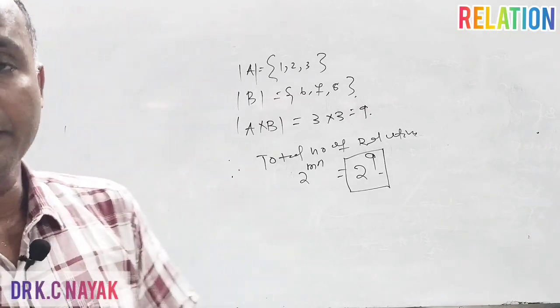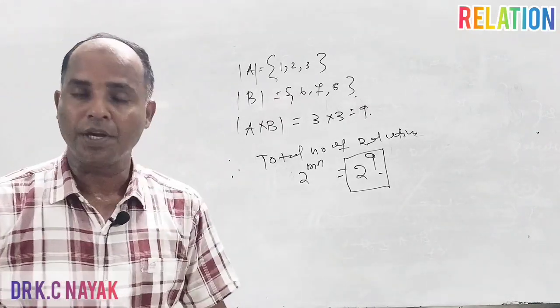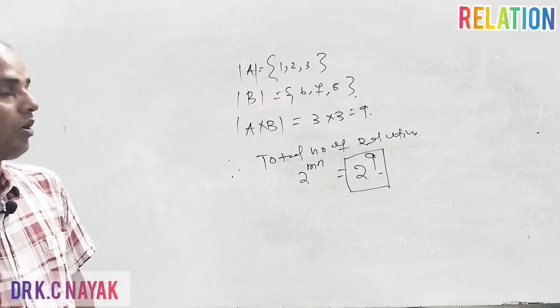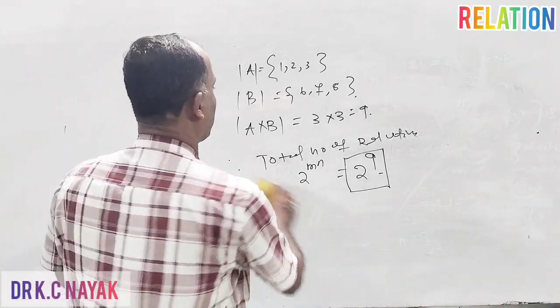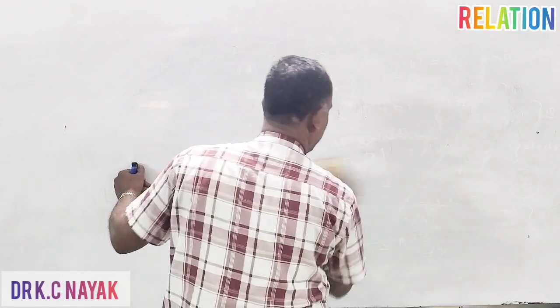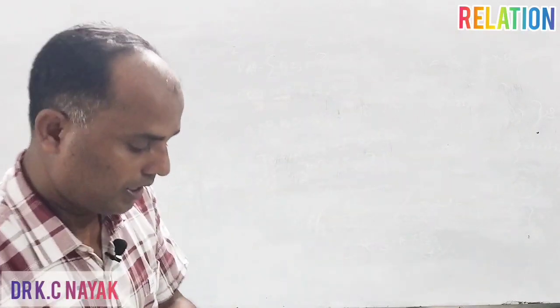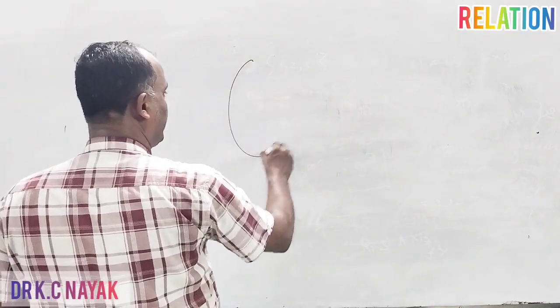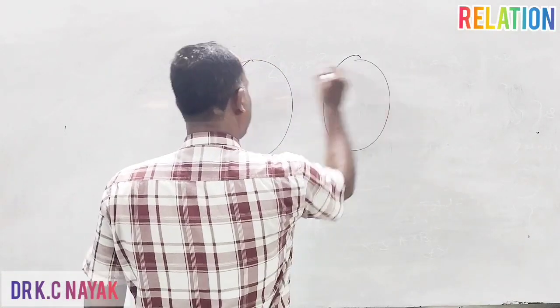So a relation is an association between two or more elements, right? Suppose A is a set and B is another set.